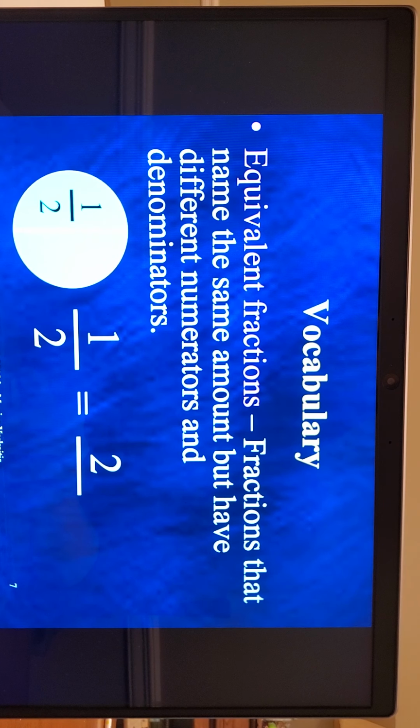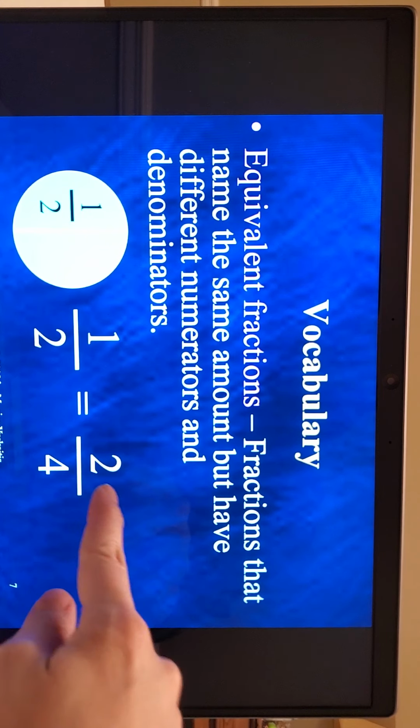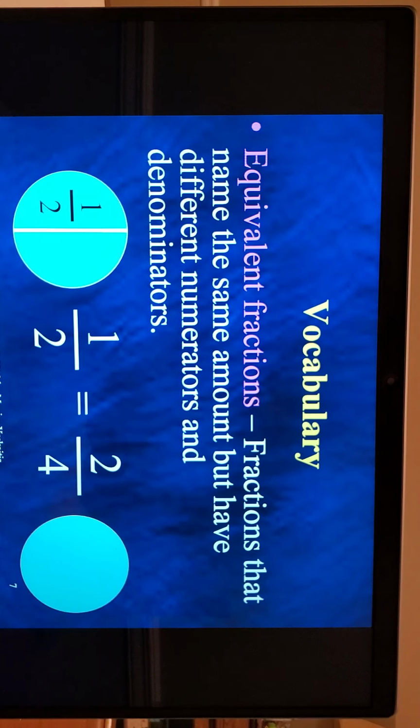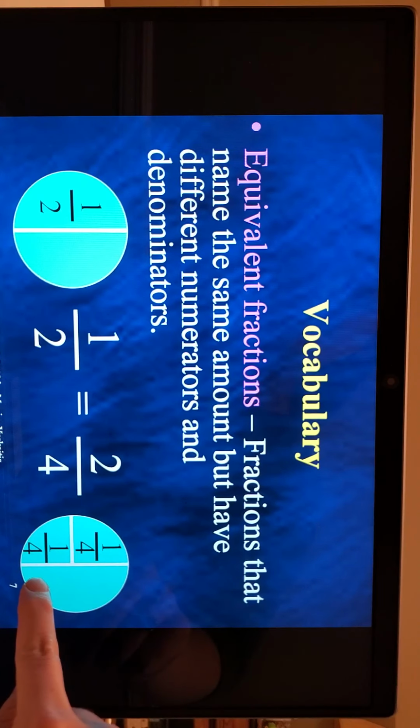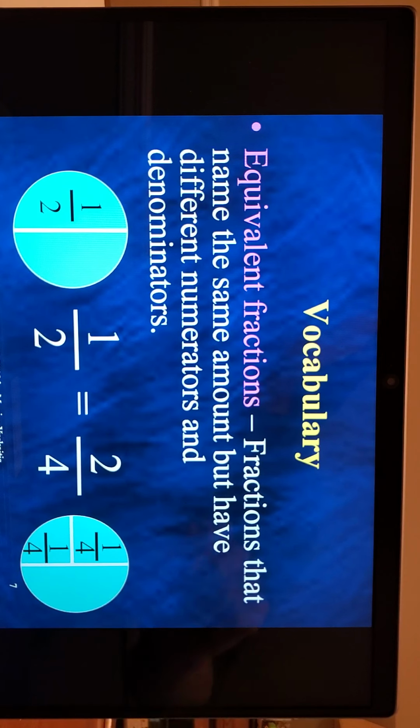Now, on this side, we're labeling it 2/4. We're going to take that same circle and we're going to break it into 4 equal pieces. So here's 1/4, 1/4. We could draw this line across and we would have 1/4, 1/4.